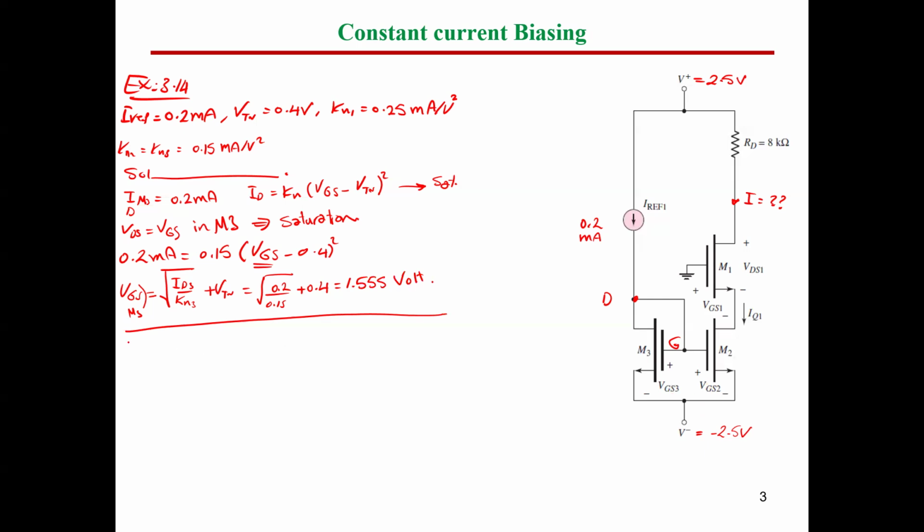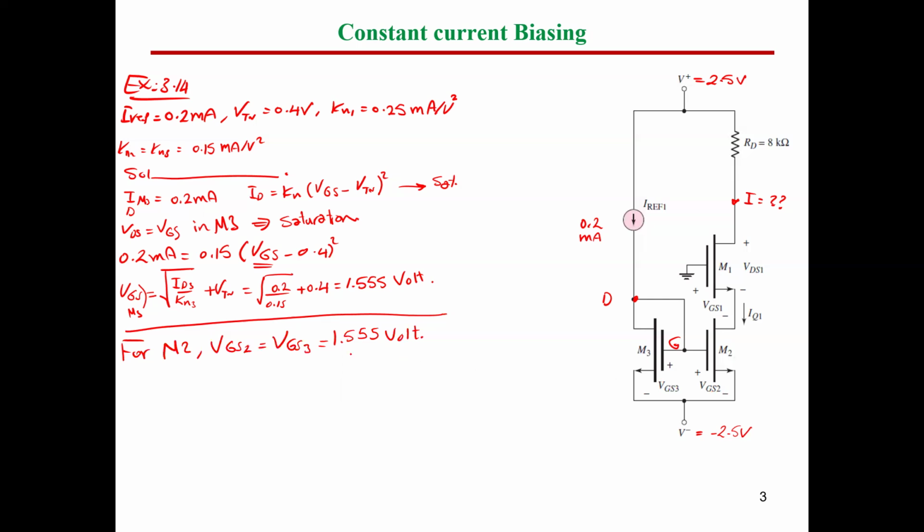So we can say for MOSFET M2, VGS2 equals VGS3 equals 1.555 volt. Why? Again, because both MOSFETs are common source together, and common gate as well. So VGS3 will be the same as VGS2.